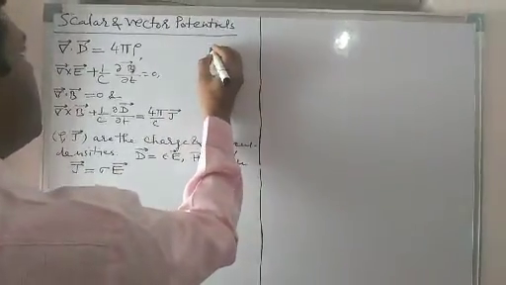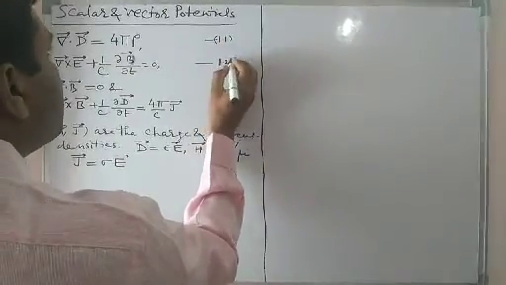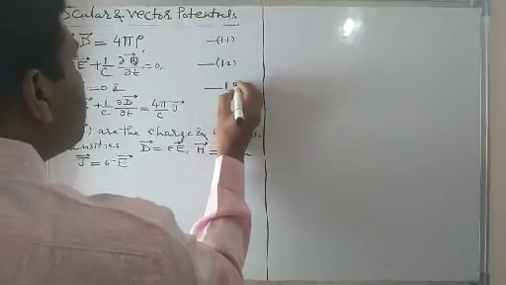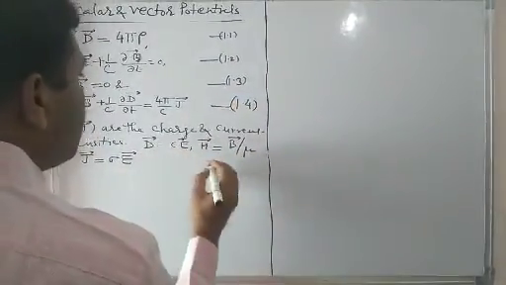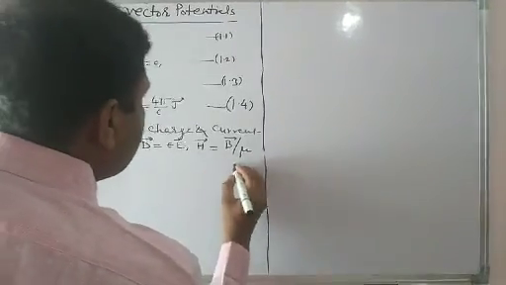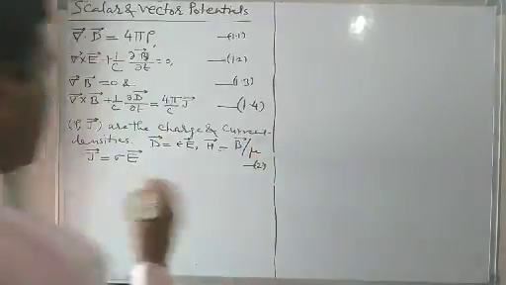So let me start by giving the equation numbers. This is 1.1, 1.2, 1.3, 1.4, and I will call these equations 2.